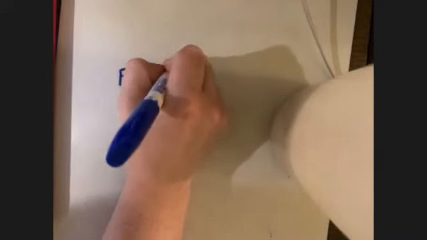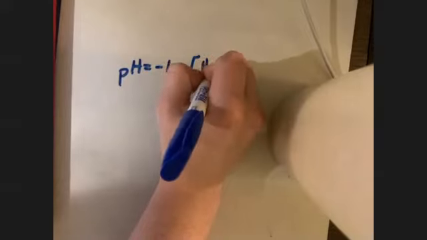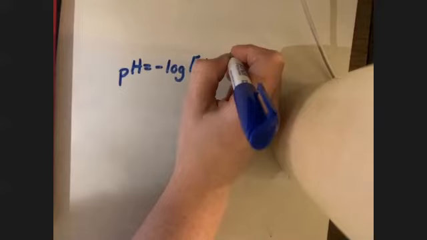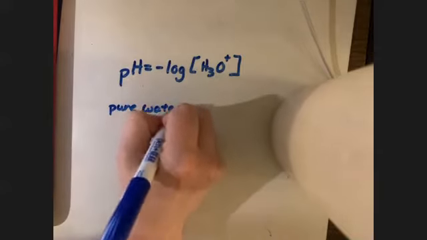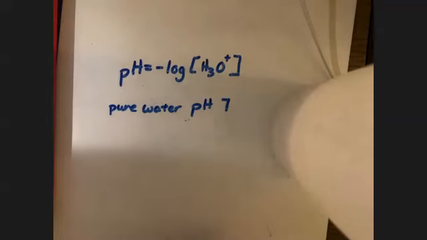Now, one of the applications where we use common log is your pH scale. The pH of something is negative log of the hydronium ion concentration. I'm sure some of y'all know about that better than I do. What we know is that pure water has a pH of 7, which is neutral, right there in the middle.